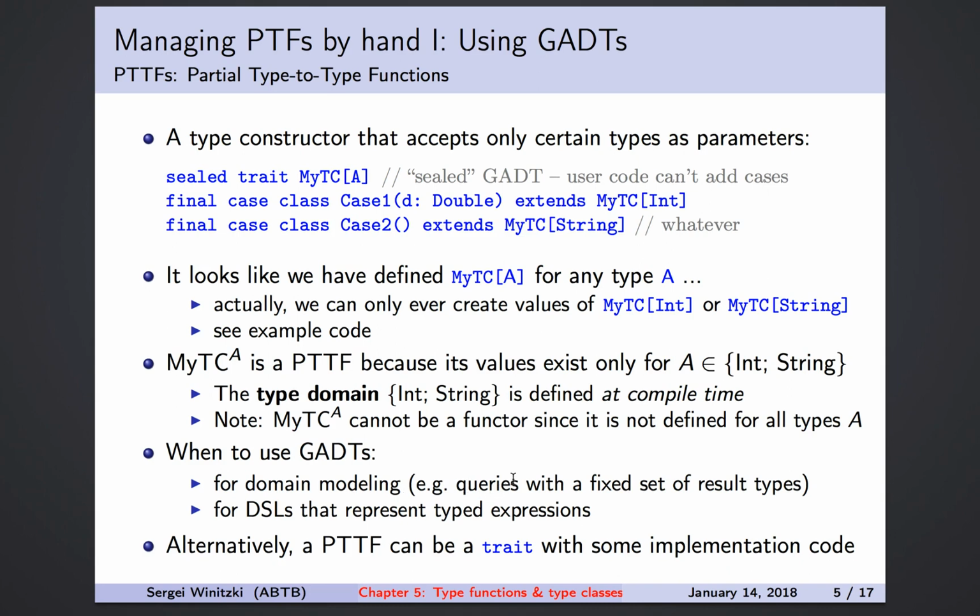For example, you have some kind of query and the result types can be a fixed set of different result types. Then it's useful to have all these possible result types modeled directly via cases in the disjunction, like this. For domain-specific languages representing some kind of typed expressions in some way, then it's also useful. These are specific problems where people have used GADTs in a useful way.